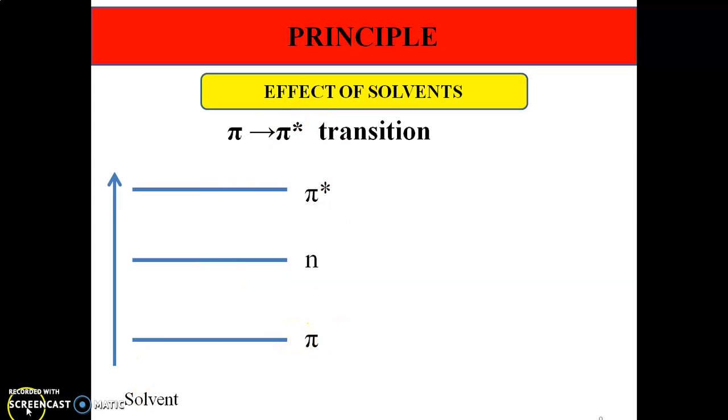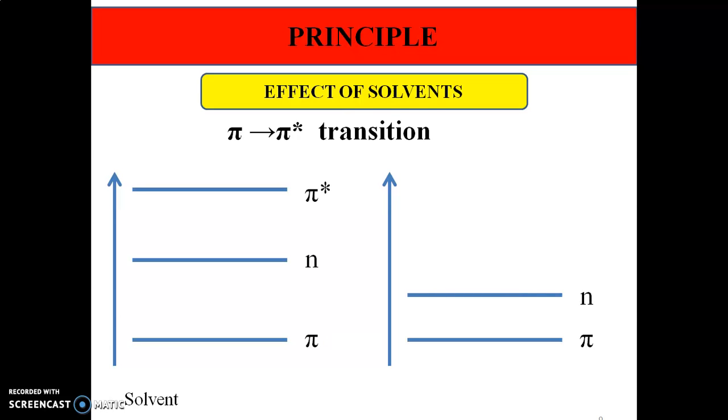So, when solvent polarity increases, hydrogen bonding takes place to a larger extent at the excited state than that of the ground state, because the pi antibonding orbital is more polar, and polar solvent easily forms the hydrogen bonding with it, and the pi antibonding orbital gets more stabilized than the pi orbital.